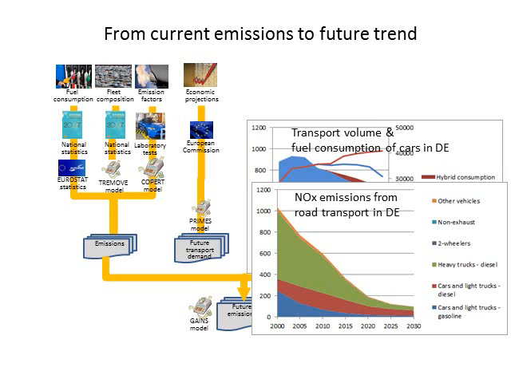Having slightly decreasing fuel consumption and strongly decreasing unit emissions, we expect for the future strongly decreasing pollutant emissions from road transport, not only for Germany but also for many other European member states.